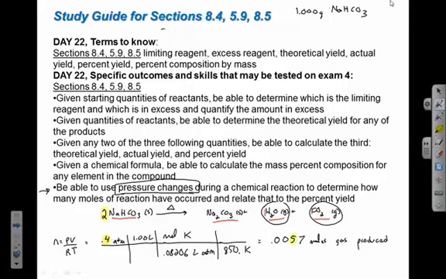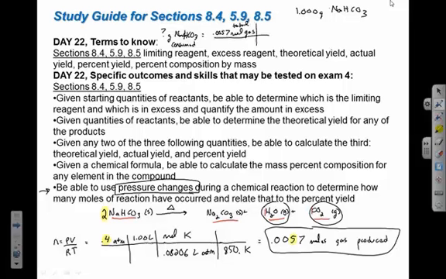So I could use that in a relationship. I could say, maybe I want to know how many grams of NaHCO3 were consumed. So I would take what I just calculated in moles of gas, total moles of gas produced.